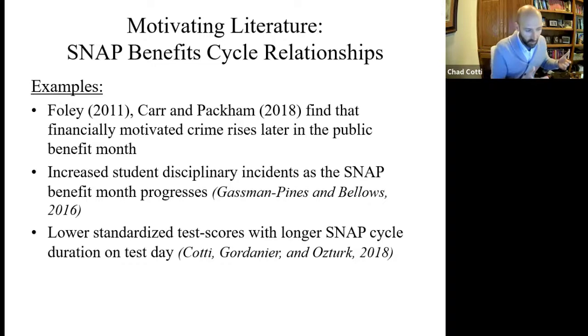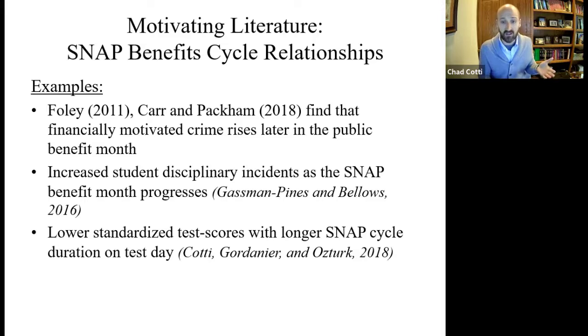We actually were able to look at specific data from South Carolina where we know the students' standardized test scores and the day that they took their test, and also know the specific day that student's household receives food stamp benefits. We can show that because standardized tests are all given on the same day, students in the same classroom may be in different parts of their benefit cycle just because of the random nature of the date in which their household was assigned food stamp receipt.